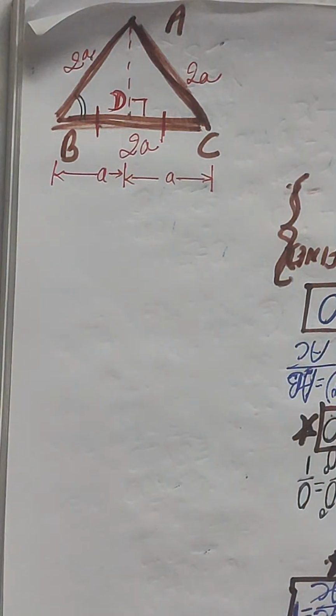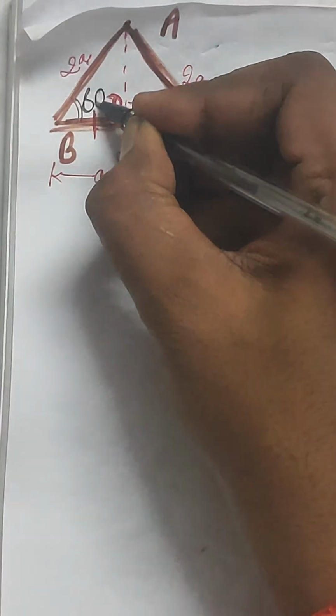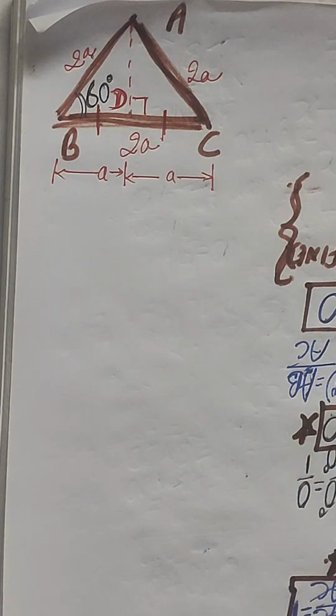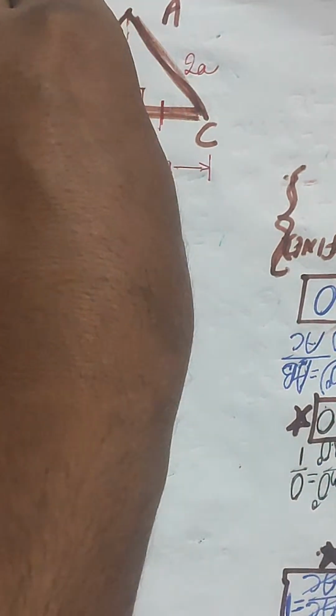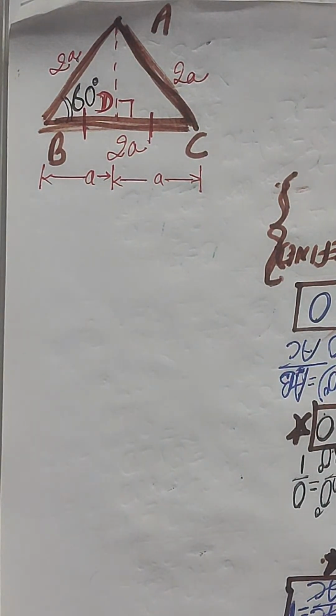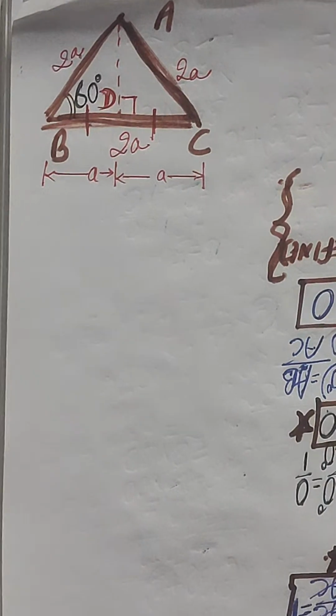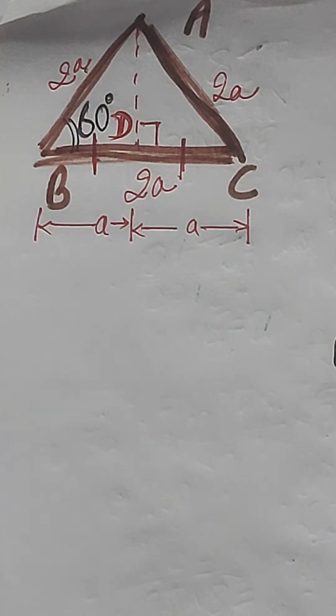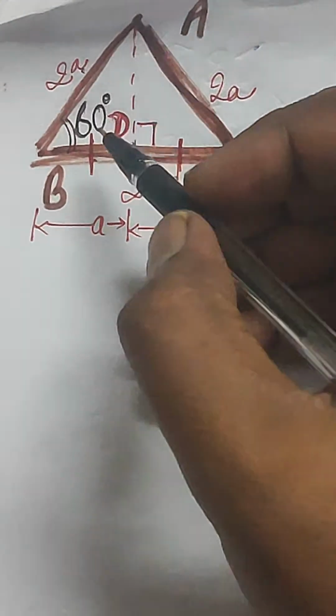Now, if this is 90 and this is 2a and this is a, let us consider this angle. Since we have considered an equilateral triangle, all angles of the equilateral triangle are equal to 60.